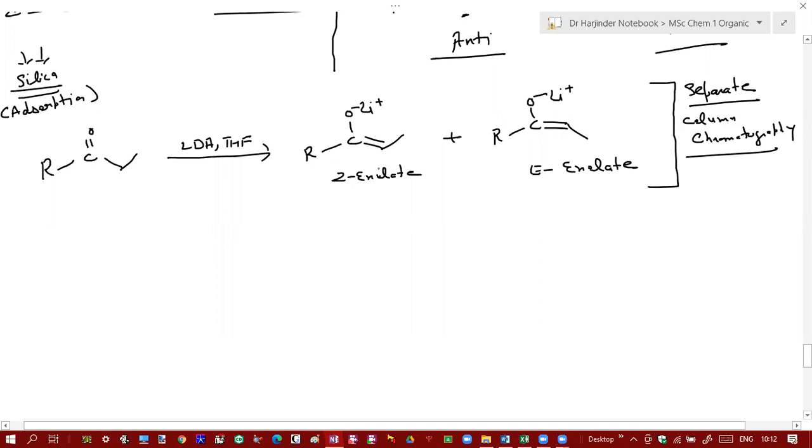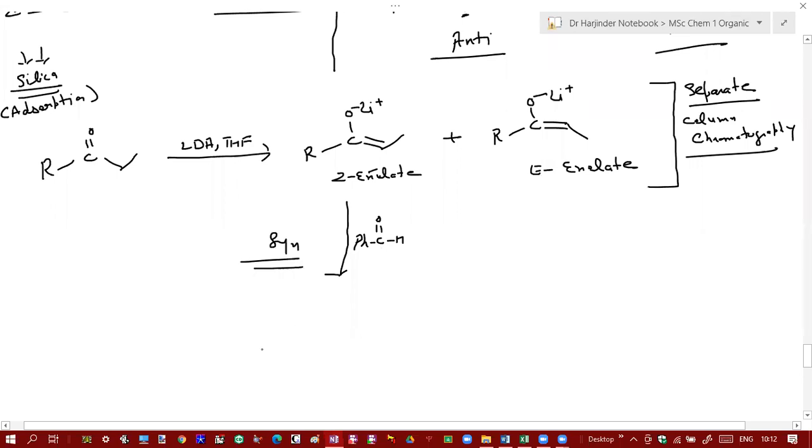So you can separate the Z enolate and E enolate, and then you react them with an aldehyde. When you react the Z enolate with this aldehyde, is your addition syn addition or anti addition? Syn addition, sir.